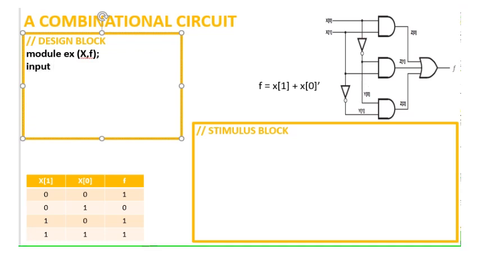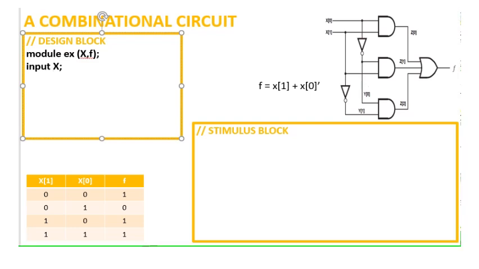Now I cannot write just input X, because if I do this, X will be declared as a single bit signal. But X is a 2-bit signal. So Verilog provides an option of declaring multiple bit signals as vectors. Here you have to specify the index values.